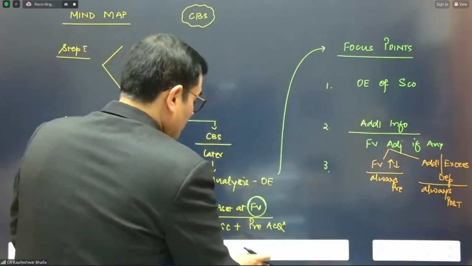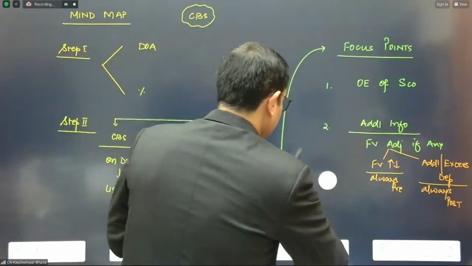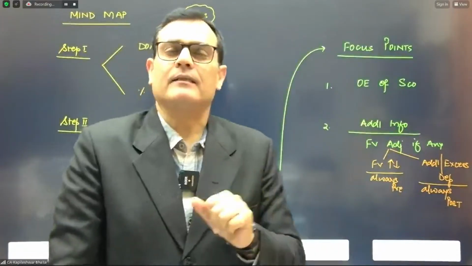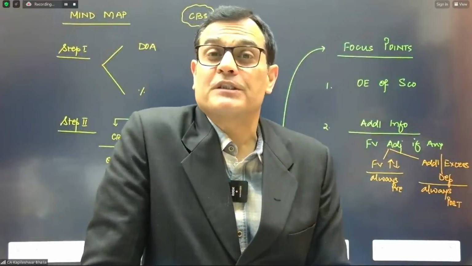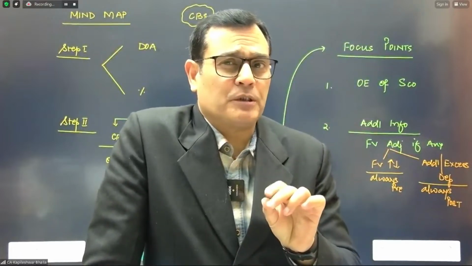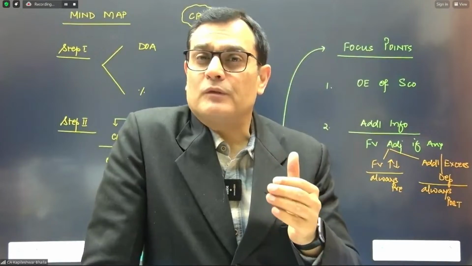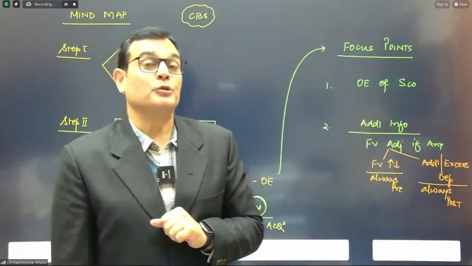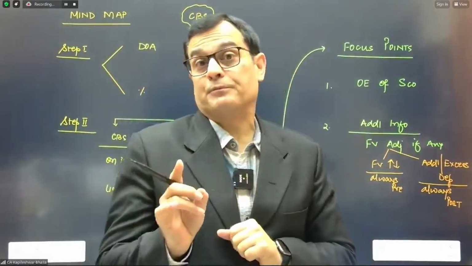And the third focus point we need to keep in mind is, again, look at the additional information and there could be unrealized profits information given. Now, if there is any unrealized profits information given, remember it was upstream or downstream in nature. In this analysis of equity, you need to consider only what is upstream.